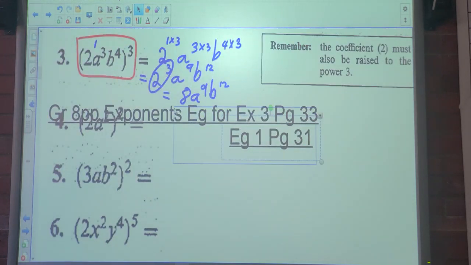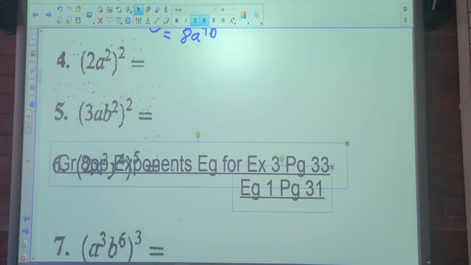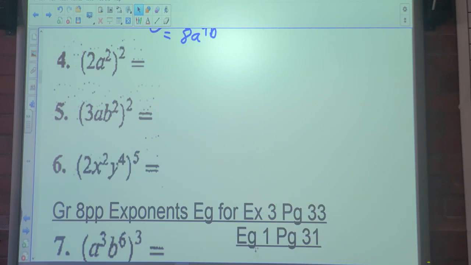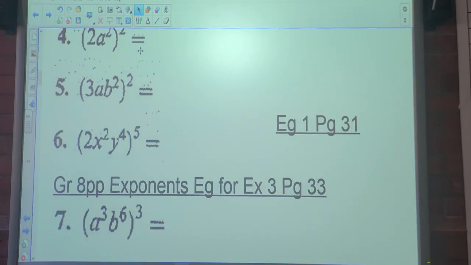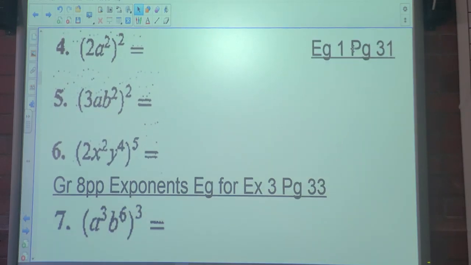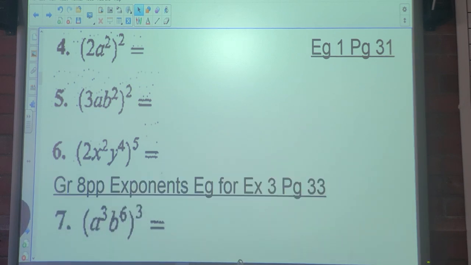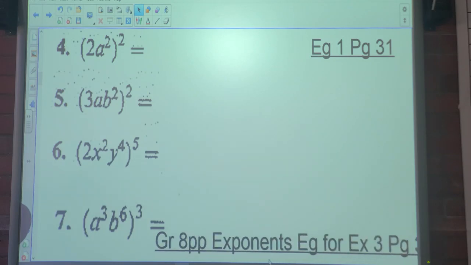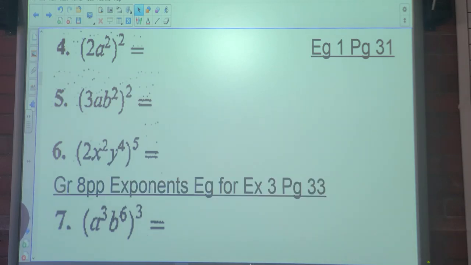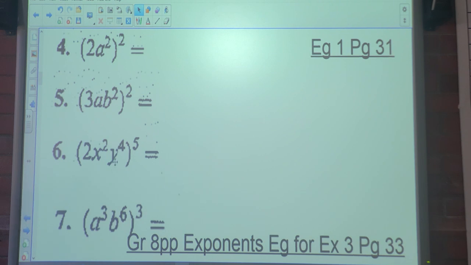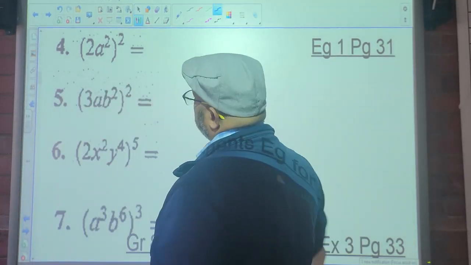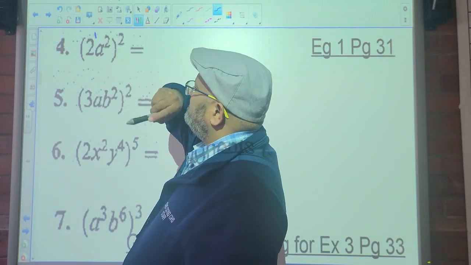Look at the next one. Number 4. Let's look at number 4. There's no exponent on the 2, there's a 1.